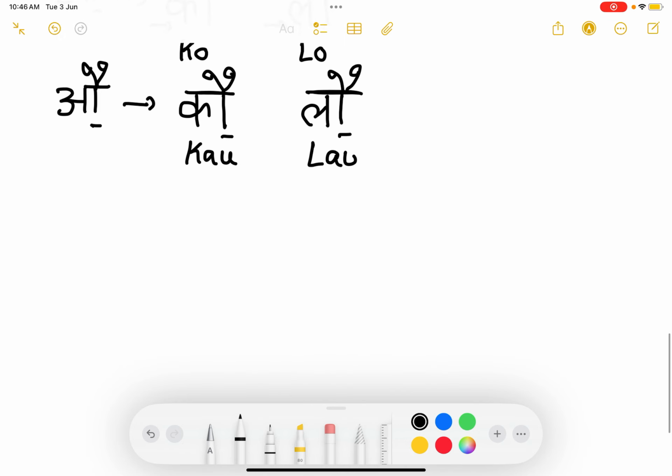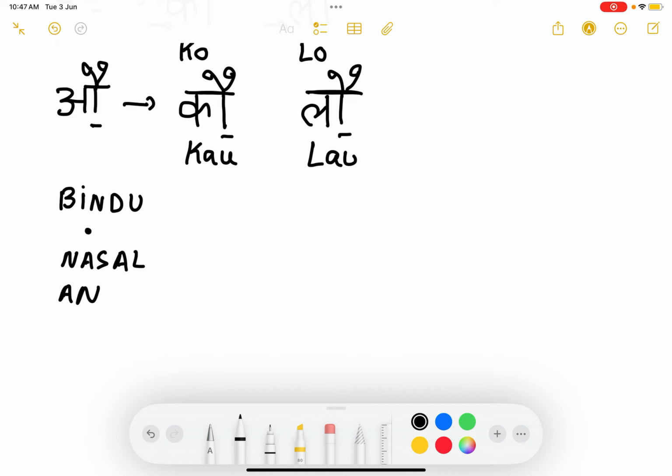Now we've seen all the vowels so far. Now I'll also add two more matras here that you see a lot in Hindi. The next matra we are learning is known as the bindu. Bindu means a dot. This matra looks like a dot and carries a nasal sound.